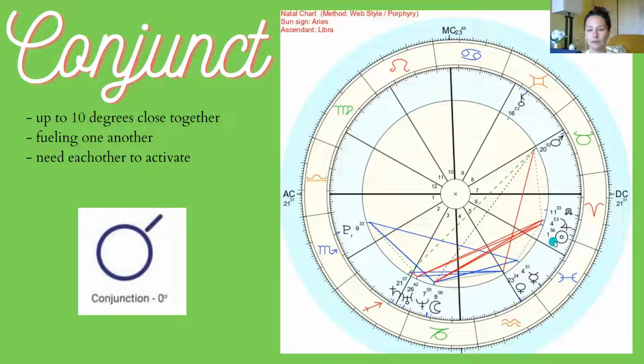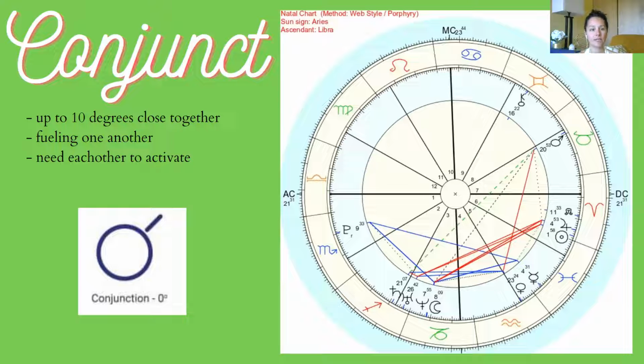So those are 4 different conjunctions already in the chart. And then it looks like Mercury and Venus here are conjunct as well. Well, they're 11 degrees apart as well. So like the other one, very close, but no cigar. So those are the 4 different conjunctions in this chart.